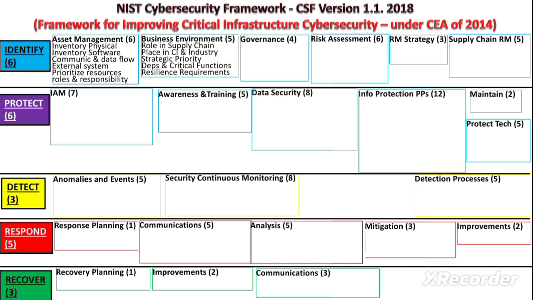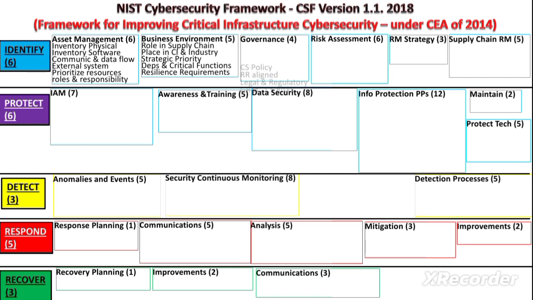And then you have to perform the prioritization of security efforts as per the strategic direction of your organization, as per the mission of your organization, or the overall goals. Then you have to see the dependencies and critical functions of your business, and then you have to define the resilience requirements for continuity of the IT or security operations or your business. So this may include disaster recovery planning or business continuity planning, maybe, or incident response.